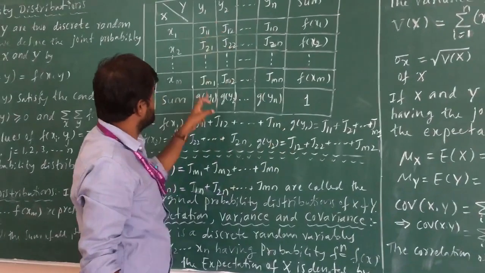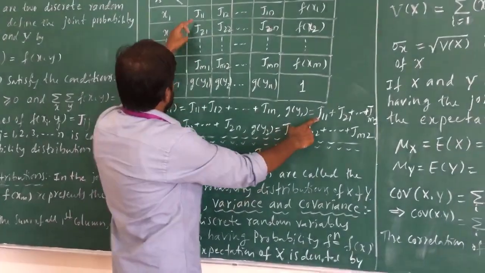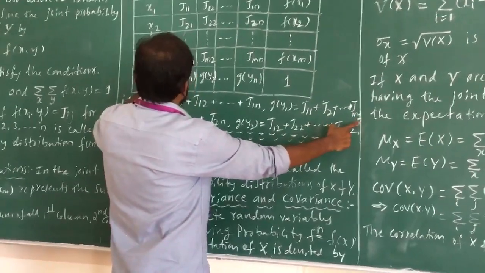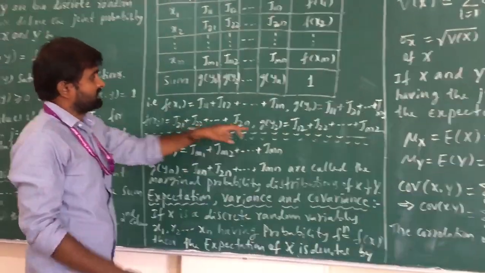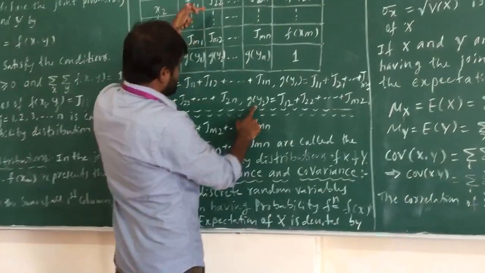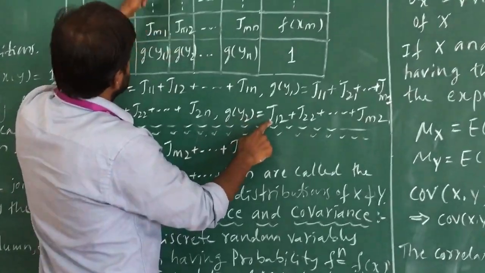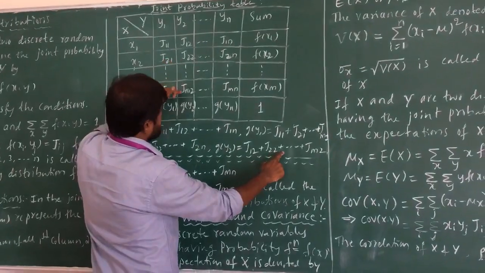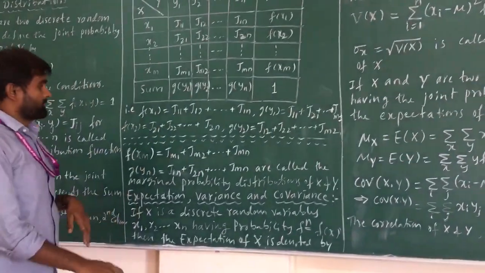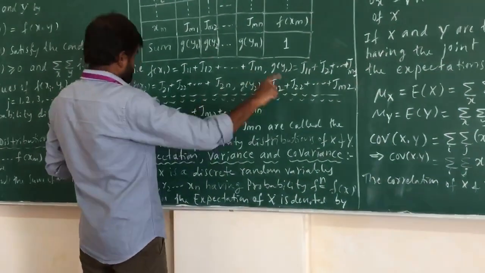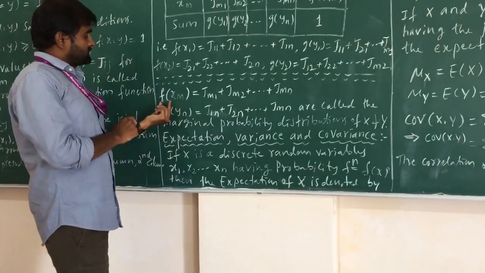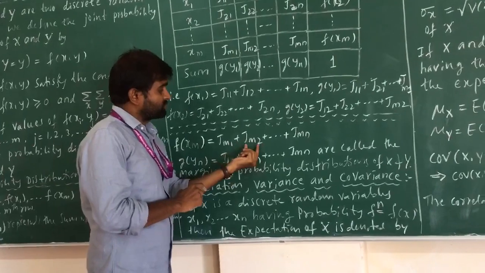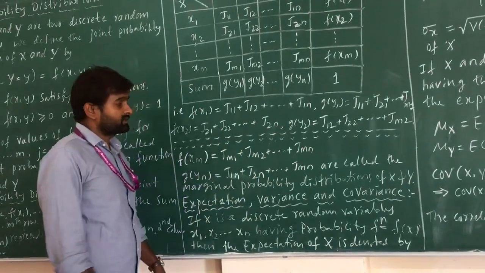Here g of y1 is J11 plus J21 and so on up to Jm1. Similarly, g of y2, the second column, is J12 plus J22 and so on up to Jm2. And finally we need f of xm equal to Jm1 plus Jm2 and so on up to Jmn.